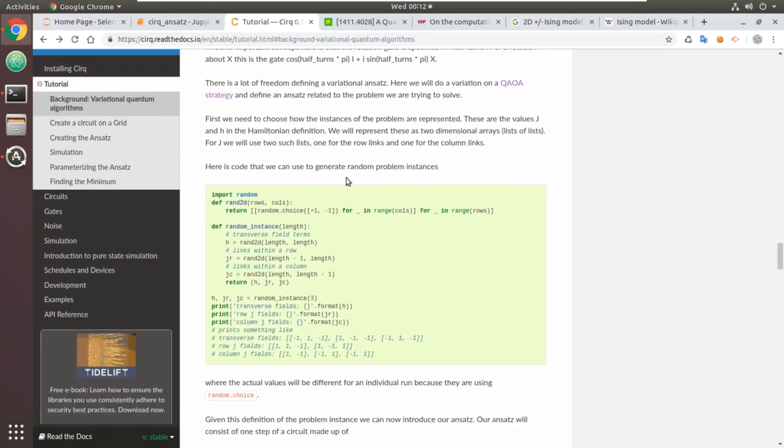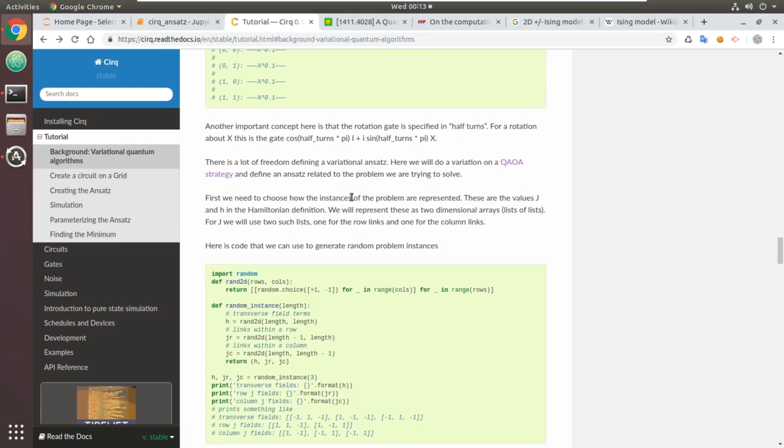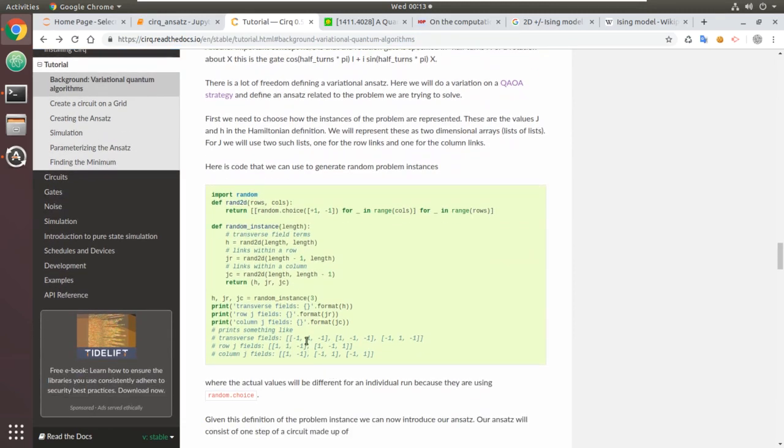Okay, so I get it that it's the lattice you're defining, so it's a 3 by 3. In this case, the transverse field is the h part of the Hamiltonian. So this is this h.